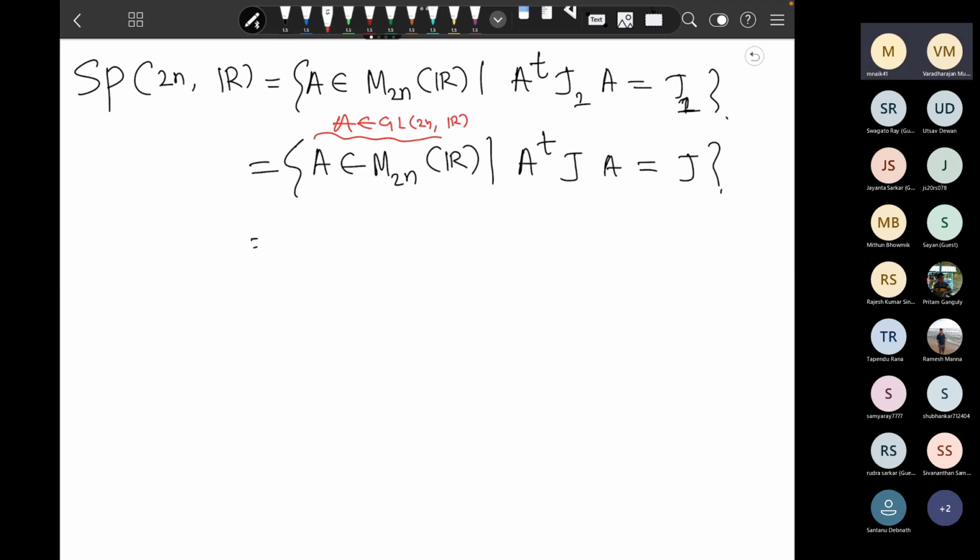Suppose you really write A belongs to GL(2N,R) everywhere and you do not know the connection, then to show a matrix A belongs to SP(2N,R), you will check the condition A transpose J is equal to J. Then one more condition you have to check, A belongs to GL(2N,R), A is invertible. That is extra work. For that reason, I am putting M(2N,R) or GL(2N,R) depending upon my convenience.